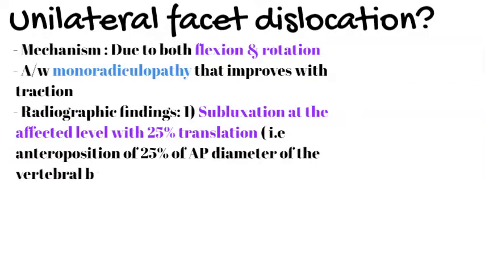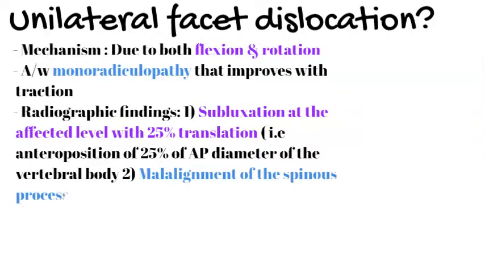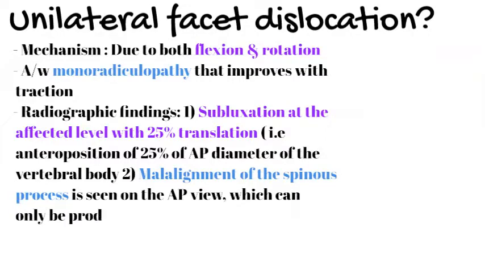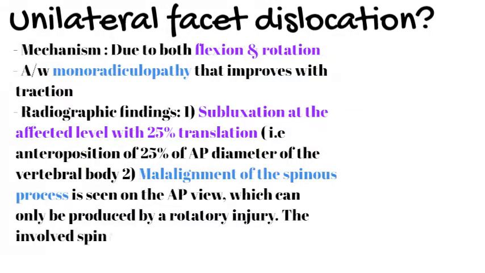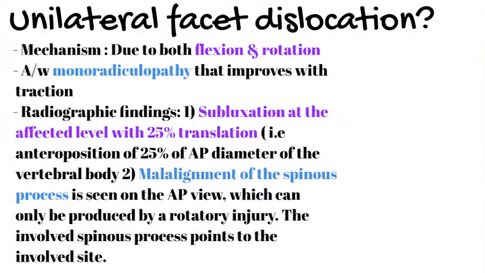Subluxation of the affected level with 25% translation, that is anterolisthesis of 25% of the anteroposterior diameter of the vertebral body. 2. Malalignment of the spinous process is seen on AP view, which can only be produced by a rotatory injury. The involved spinous process points to the involved side.